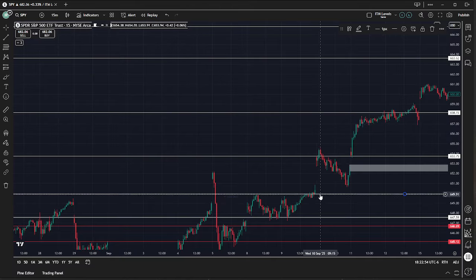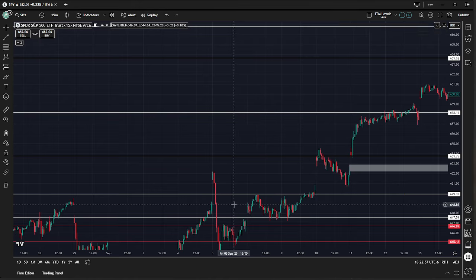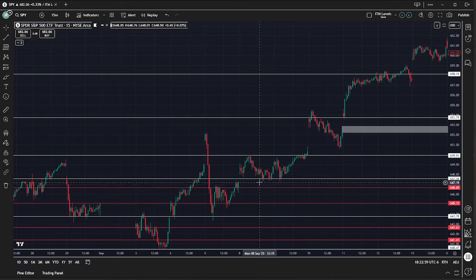And the price range right here does get a little bit tighter, so I might just leave this right here at $2 separation.